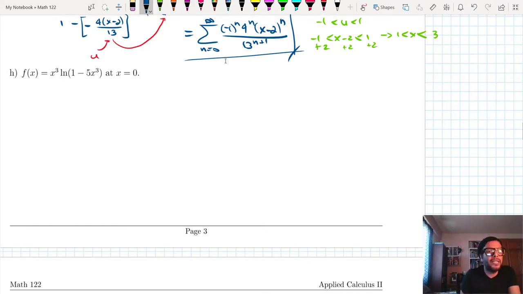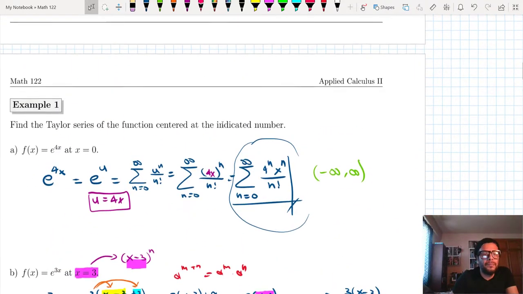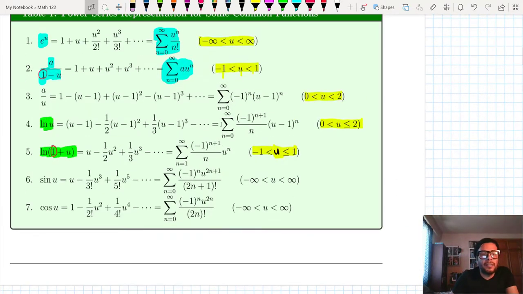So let's start writing the function: x cubed times ln of 1 minus 5x cubed equals, in this case, I'm going to set u equals... by the way, notice there is something missing here. Oh, no, the plus sign is fine.